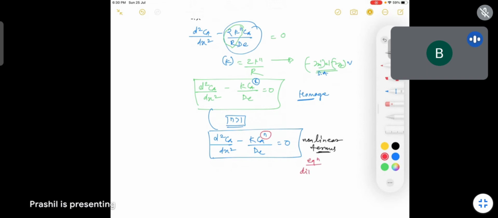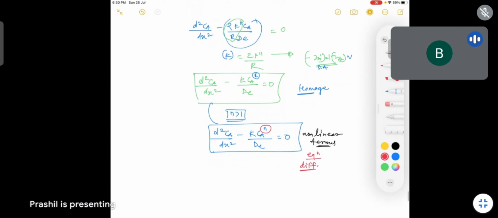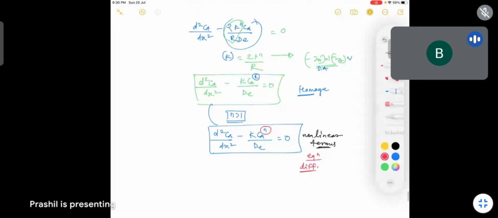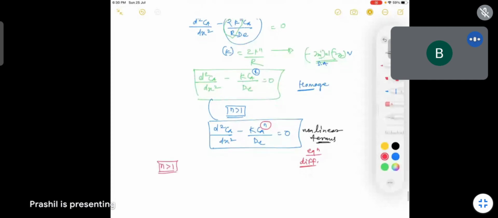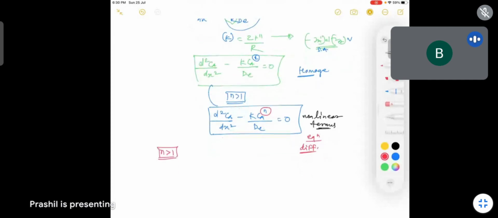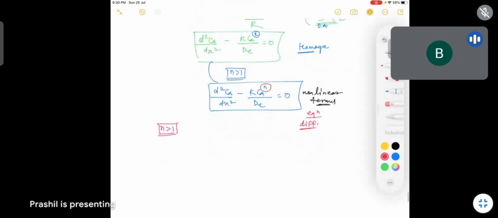It has been solved using COMSOL and some other CFD and various other software which are available, and it has been found that for order greater than 1, nth order reaction with a cylindrical catalyst, you will get this equation for phi. Phi is your Thiele modulus. For n equal to 1, what is the Thiele modulus? Phi is K by DE.